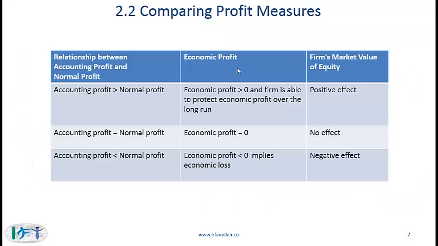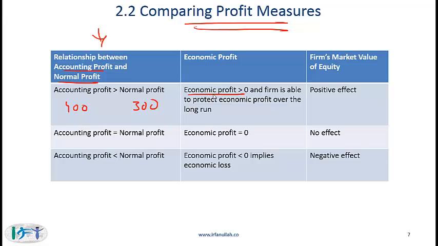From an exam perspective, I think this slide is important where we compare different profit measures. Specifically, we look here at the relationship between accounting profit and normal profit. If our accounting profit is higher than normal profit, let's say that normal profit is 300 and accounting profit is 400, this is a good thing because here we have positive economic profit.